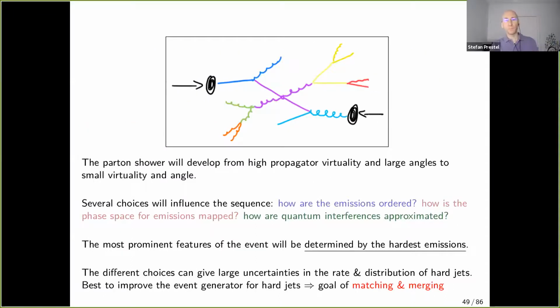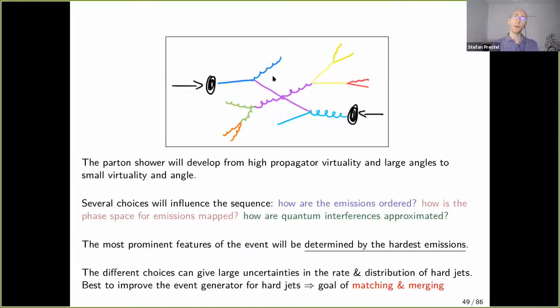Okay. So luckily, this is already said on the first page here. Indeed, the shower will develop from a higher propagator virtuality and large angles to small virtuality and small angle. So if you have a hard scattering here, this should be an ultraviolet scattering, high energy.